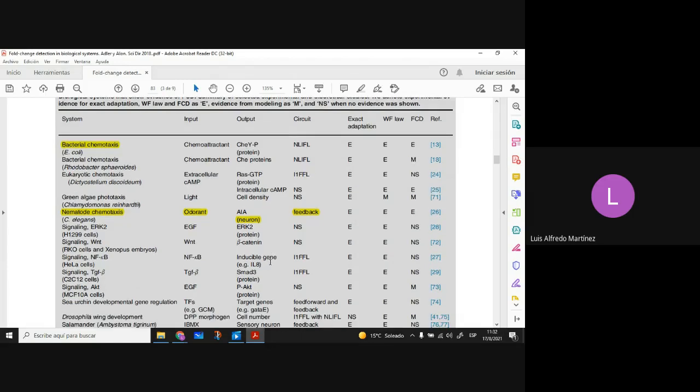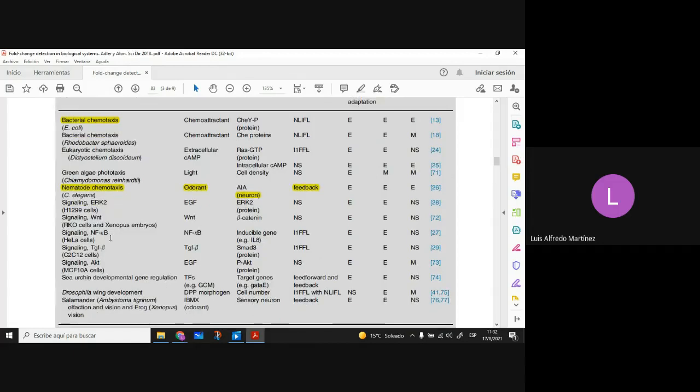Also, mammalian cells mentioned here fulfill the dynamic. I don't know the details, but it's very interesting to see and read about it.